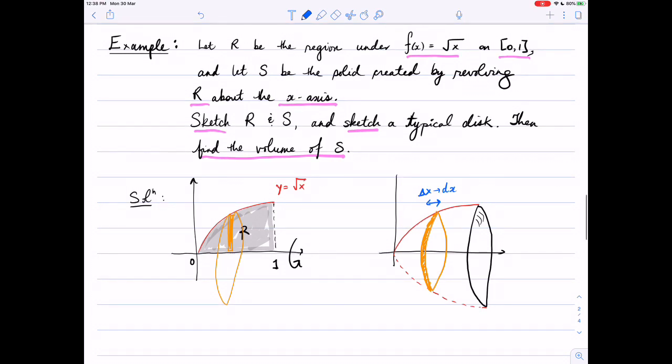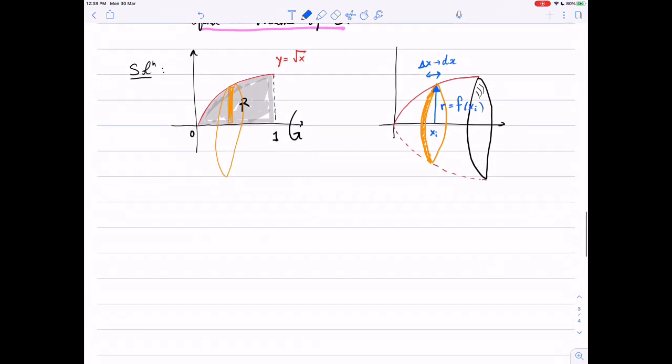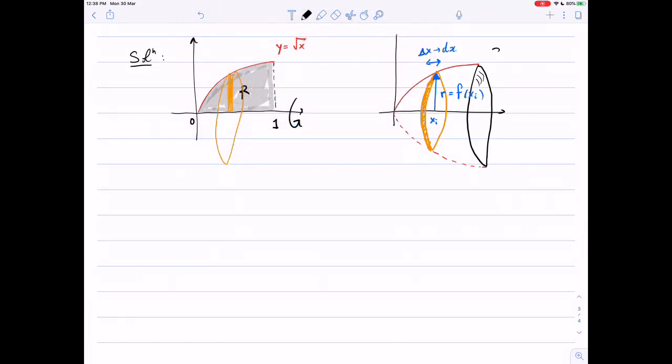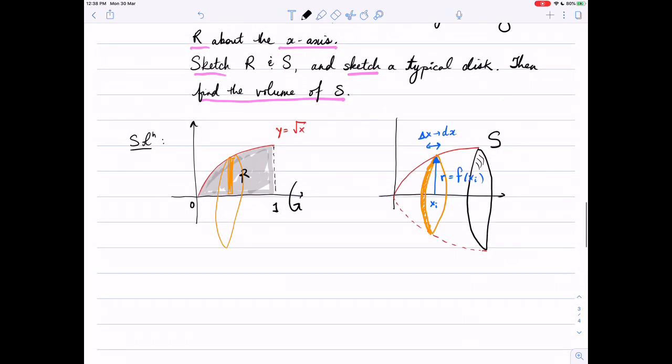We know the radius: the radius here is the function value, f of x i, when our rectangle was joined at position x i. And so this is the solid S drawn with a typical disk.